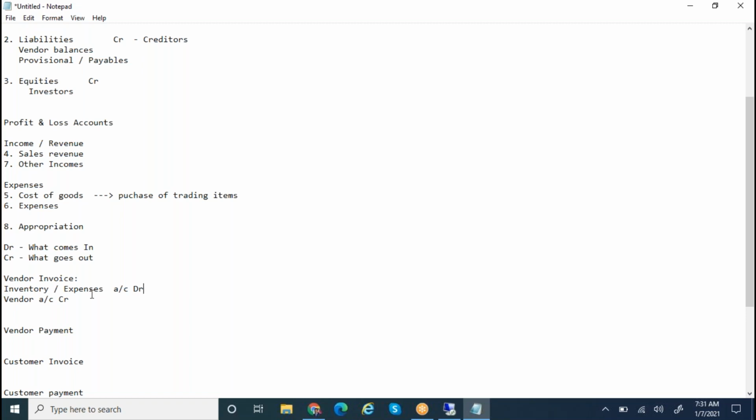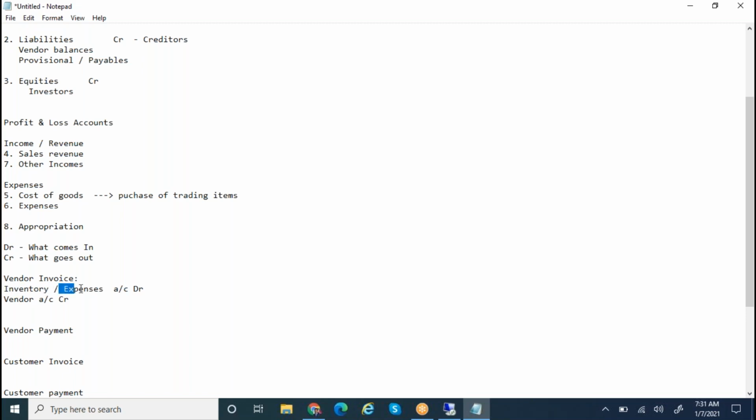If you are purchasing water bottles, tissue papers, then it is expense. If you are purchasing material, then it is inventory. Material means for trading. Suppose I am purchasing washing machines, LEDs, laptops, refrigerators, Xerox machines, then it is inventory.